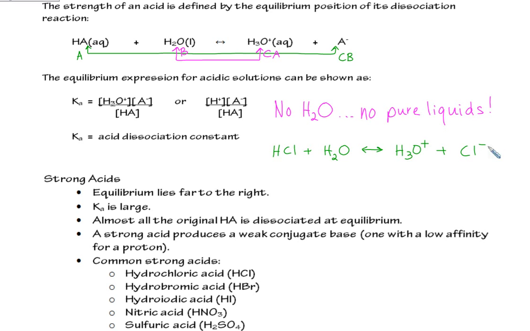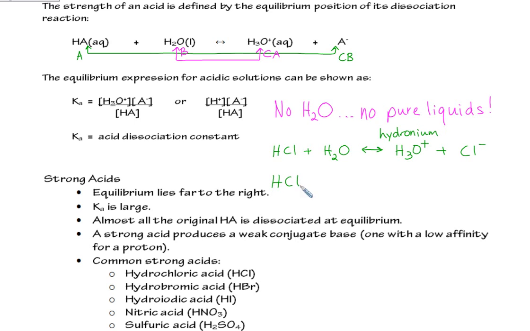So often those little hydrogen ions are attracted to the water molecules, and they end up kind of looking like that, H3O. We call this guy hydronium, the hydronium ion.